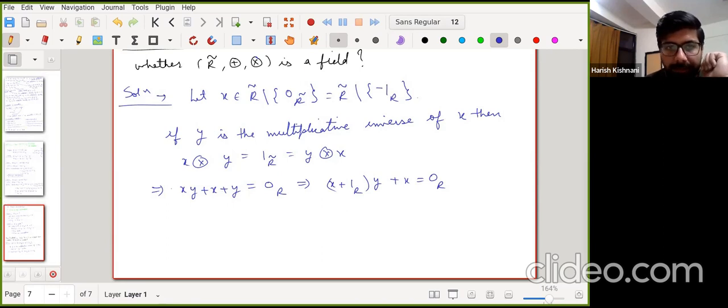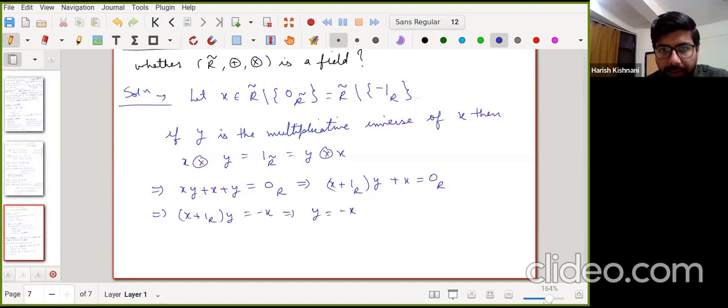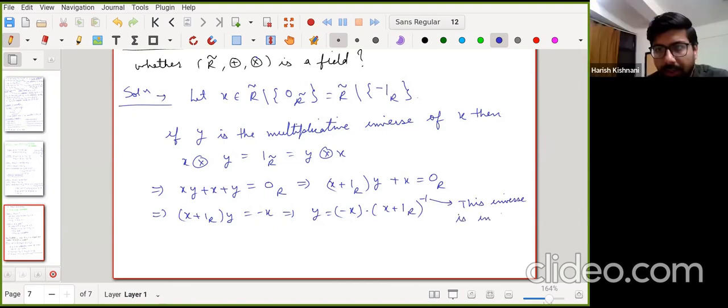So, and that will imply that (X plus identity of R) times Y is minus of X, and times the inverse of this element X plus minus R. So this inverse is in R plus dot, because the calculation we are doing is in R plus dot.